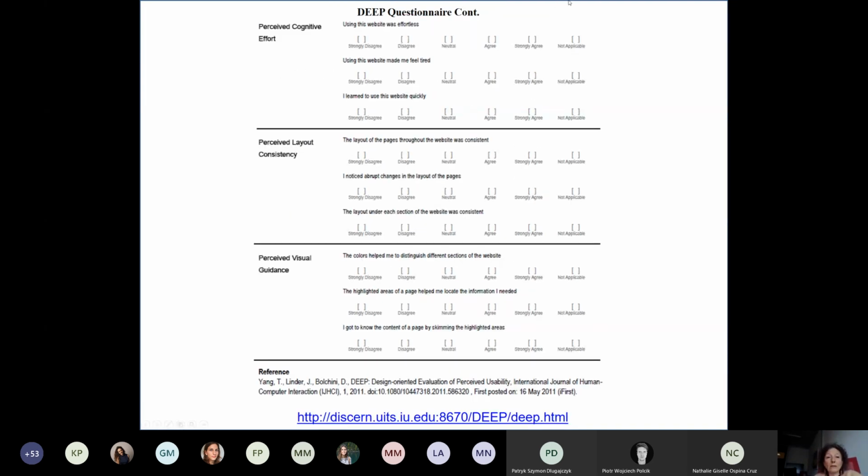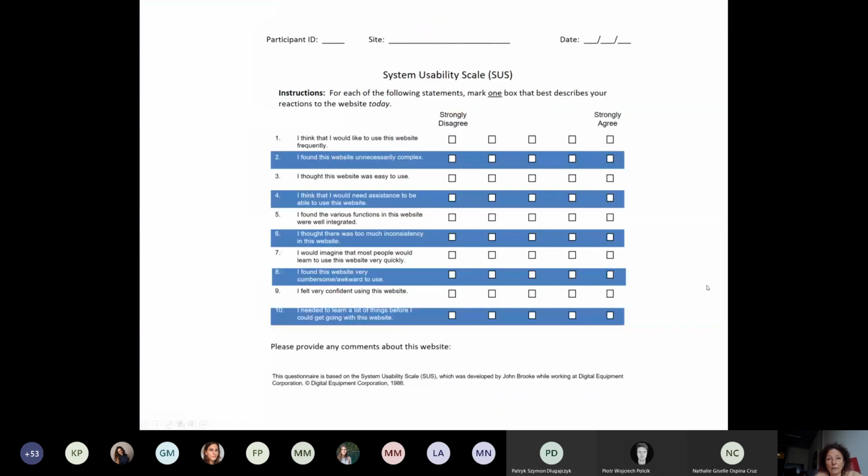So the questionnaire is also related to perceived cognitive effort, layout, and visual guidance.